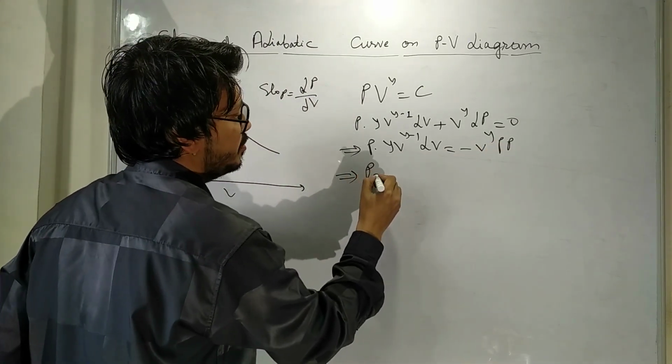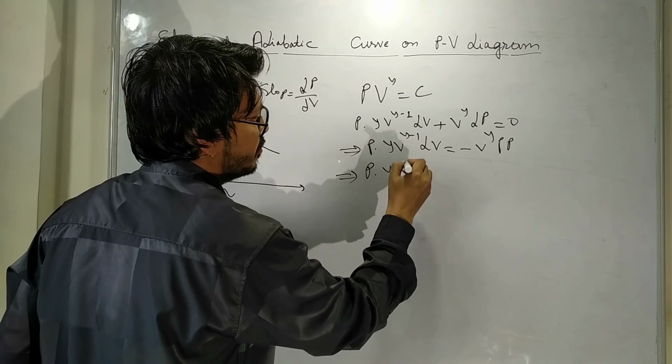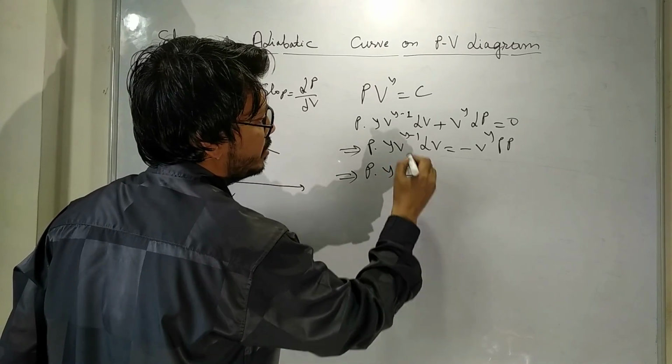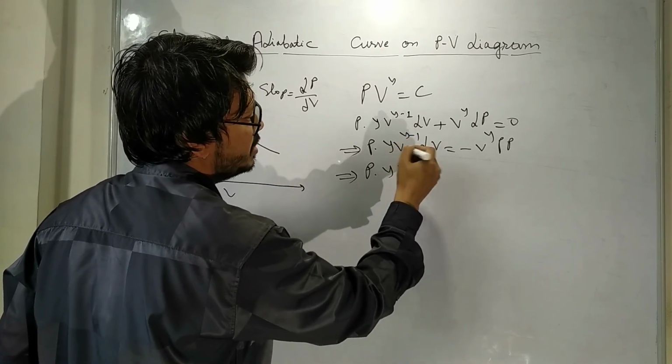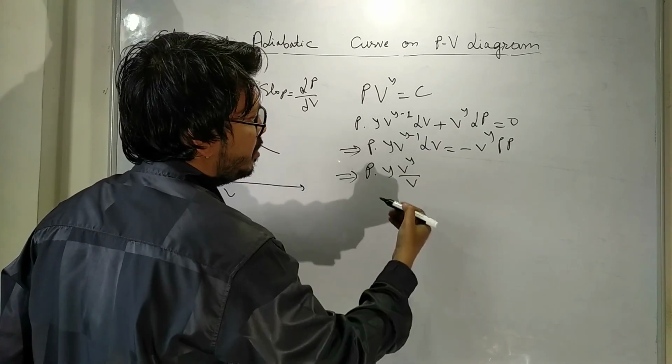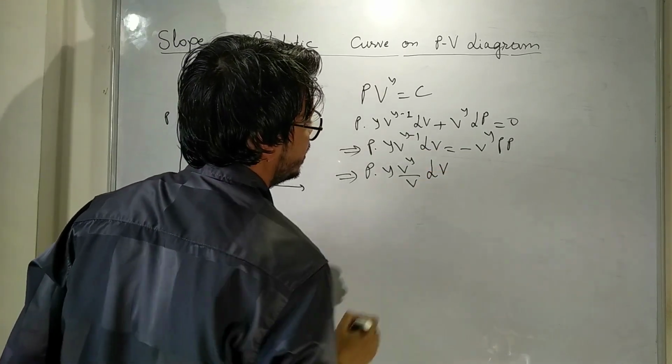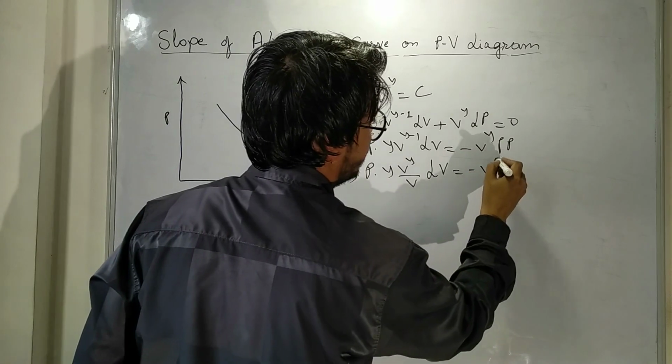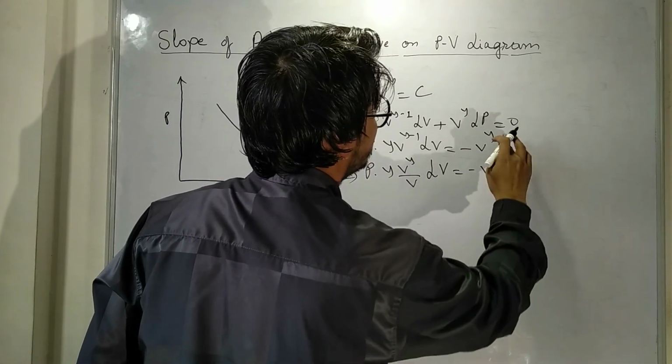This we can write as P into gamma V to the power gamma by V, because V to the power gamma minus 1 means V to the power gamma by V. So P gamma dV is equal to minus V to the power gamma dP.